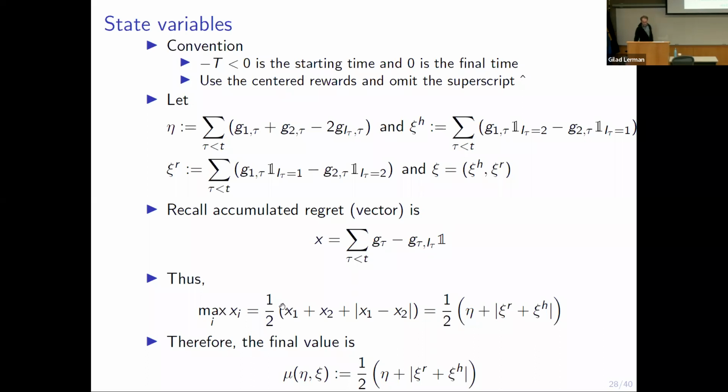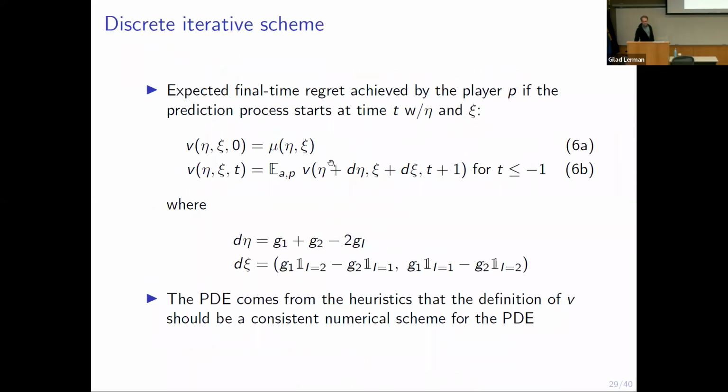So we could also rewrite max over xi, where I is 1 or 2, in this form, and you could rewrite it in the new variables. So we get mu, the final value that in the new variables is the same as the max. Okay, so then we can set up a Bellman equation, a discrete iterative scheme. It's the expected final time regret achieved by the player if the prediction process starts at time t, given the state variable.